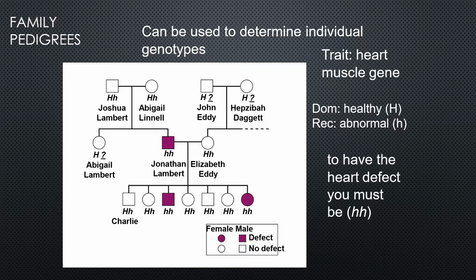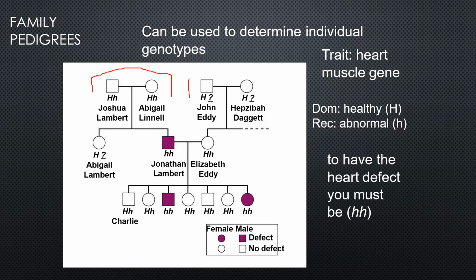When we start, we know, hang on, sorry, I'm trying to get my pen. We know that Joshua and Abigail right here have heterozygous alleles for this heart muscle gene.